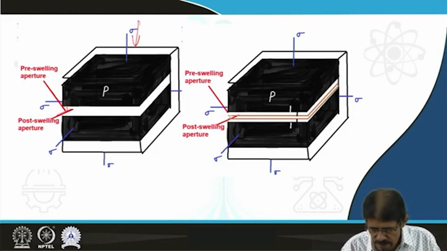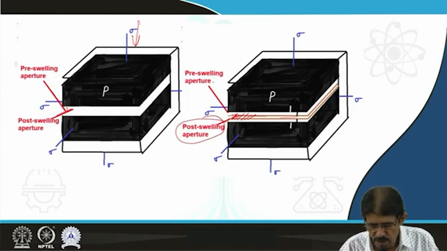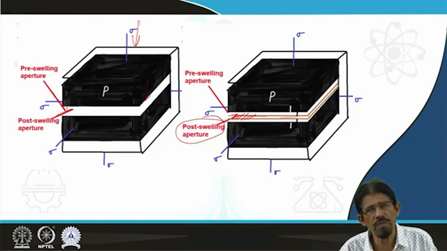However, when there is matrix shrinkage, the post-swelling aperture is different from the pre-swelling aperture, and due to this there is a decrease in porosity and permeability here, and an increase in permeability there.